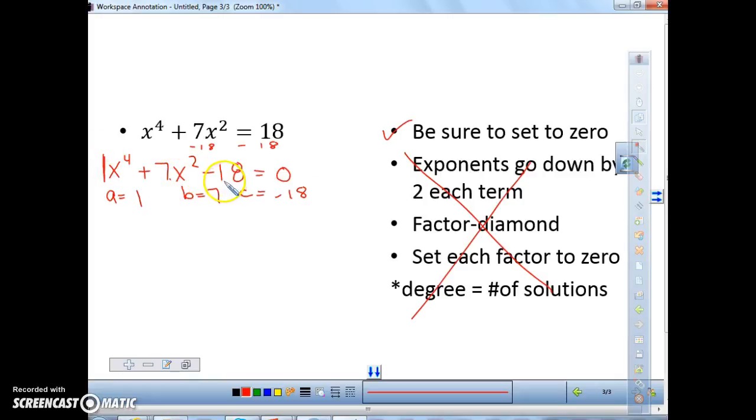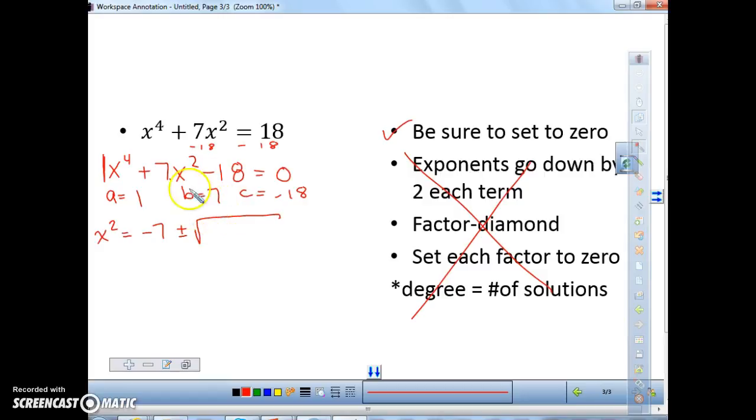So those come from these numbers in front of all the variables. All right. So now we're going to put it in the quadratic formula. But instead of saying x equals, it's actually going to say x squared equals. Okay, it's written on your sheet there. So the opposite of b, so the opposite of 7, plus or minus the square root of b squared.